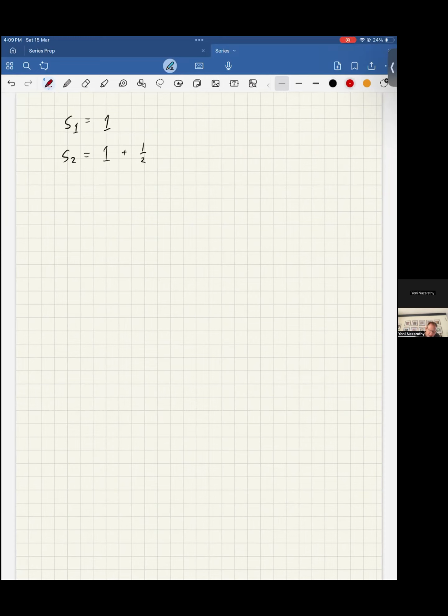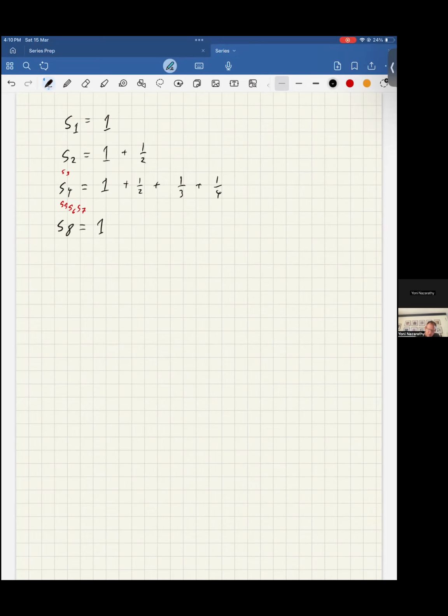I'll look at the fourth one, and that's 1 plus a half plus a third plus a quarter. I won't look at the fifth, sixth or seventh one. Sorry, I will look at the eighth one.